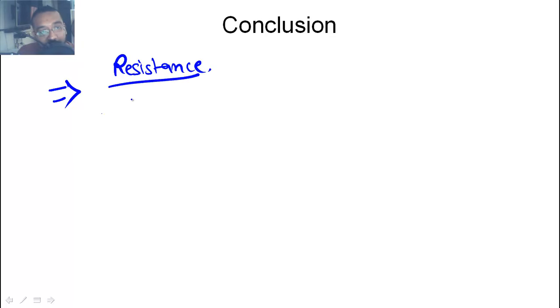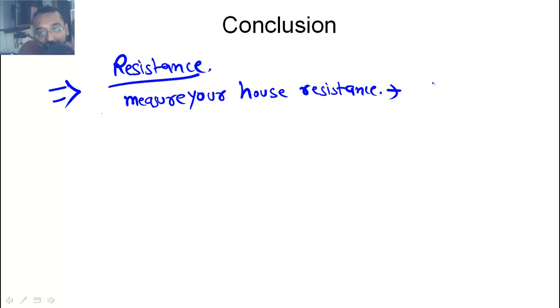So if you measure your house resistance, let's suppose I am assuming that your house resistance is 100 ohms.